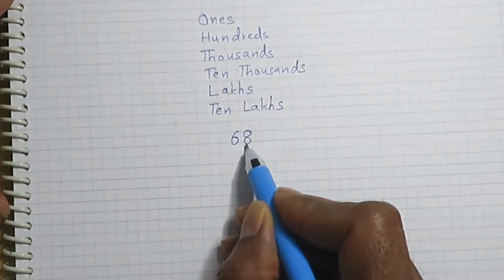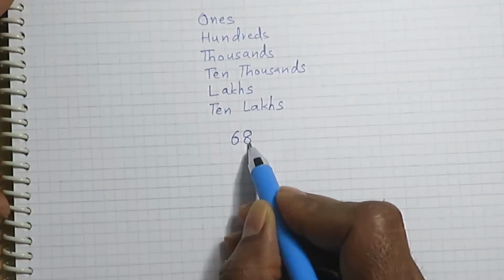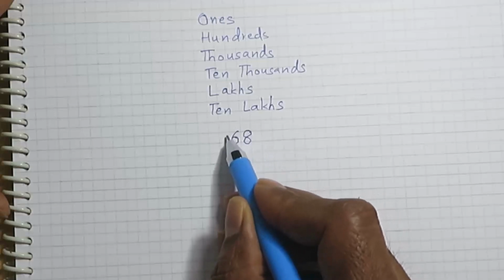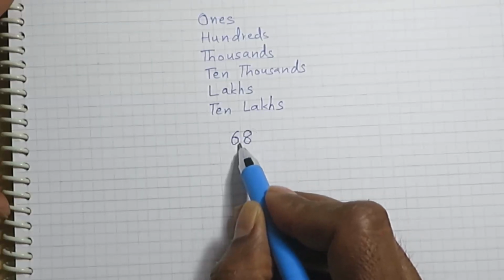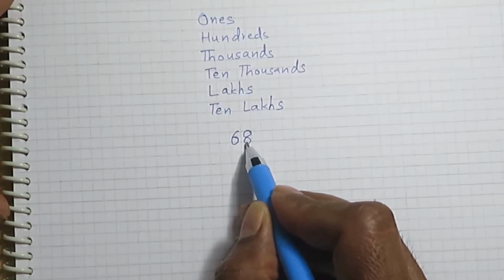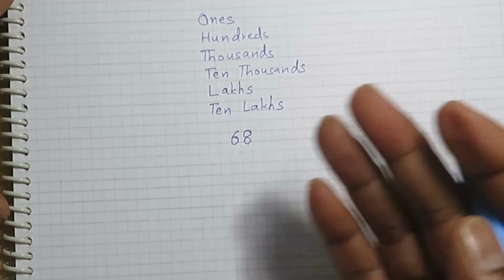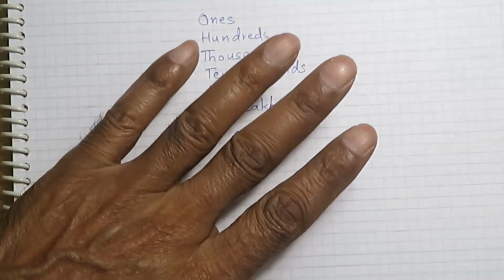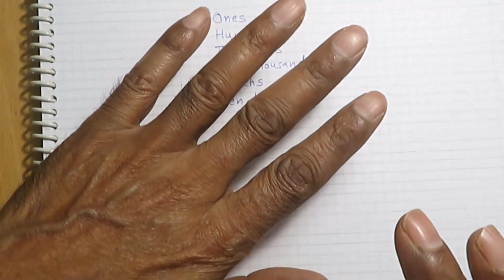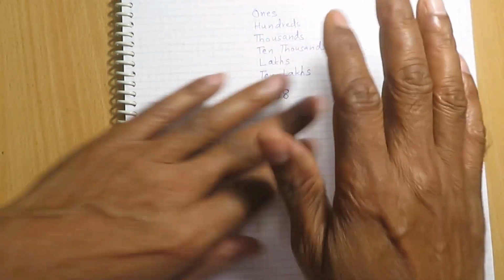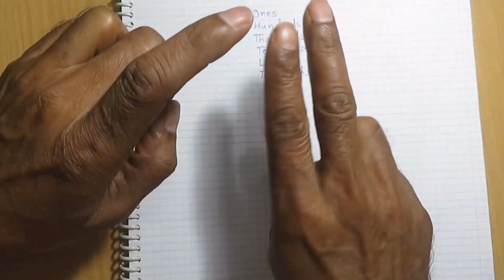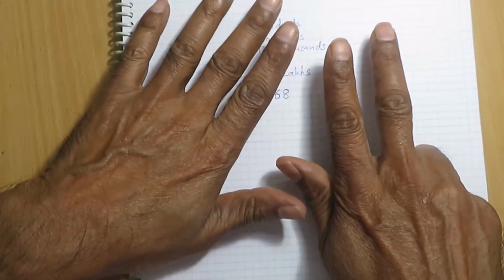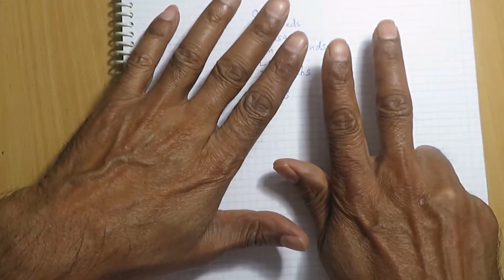It has got two digits, 6 and 8. So now this number is much larger than 8. 8 is just 8 pieces. For example, if I count on fingers, these are my 5 fingers: 1, 2, 3, 4, 5, 6, 7, 8. So only this many is 8.